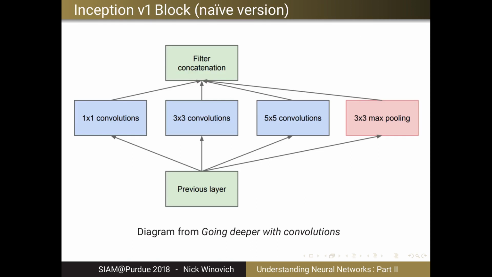So instead of just passing our values into, say, a 3x3 convolution, as is the conventional or standard way, we may imagine looking at 3 different scales. Maybe just a 1x1, just looking at it pixel-wise, a 3x3, and a 5x5 convolution.